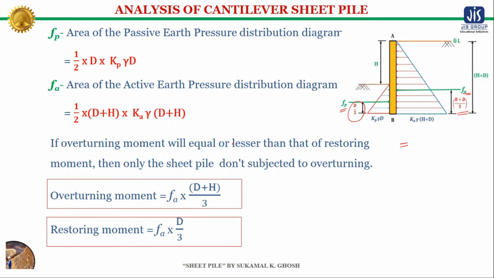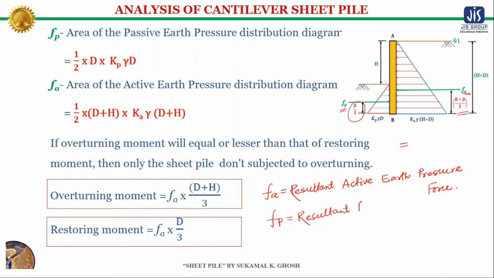So this Fa is the resultant active earth pressure force. We know it, right? And the Fp is the resultant passive earth pressure force.